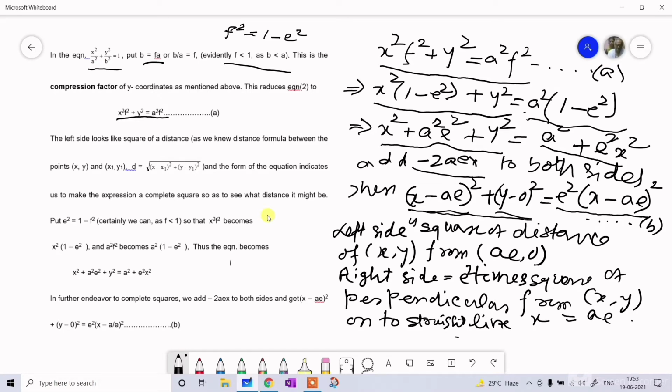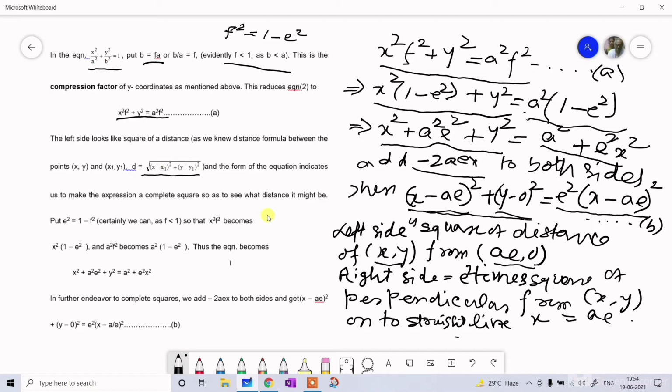It is the distance of the point (x, y) from the point (ae, 0), according to the distance formula. And what is this (x minus ae) whole square?